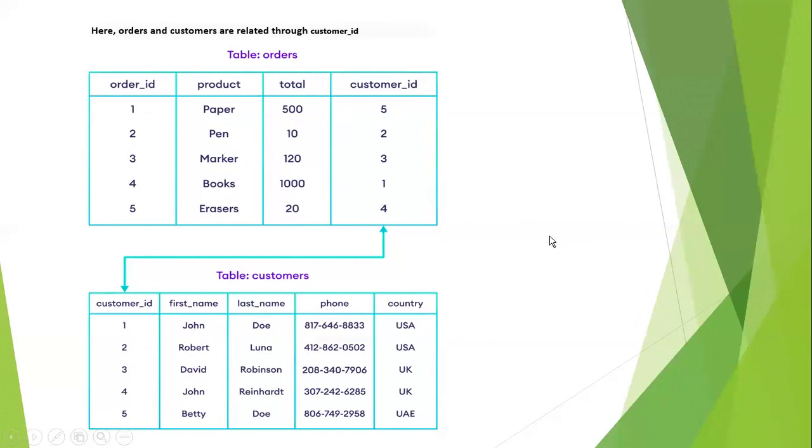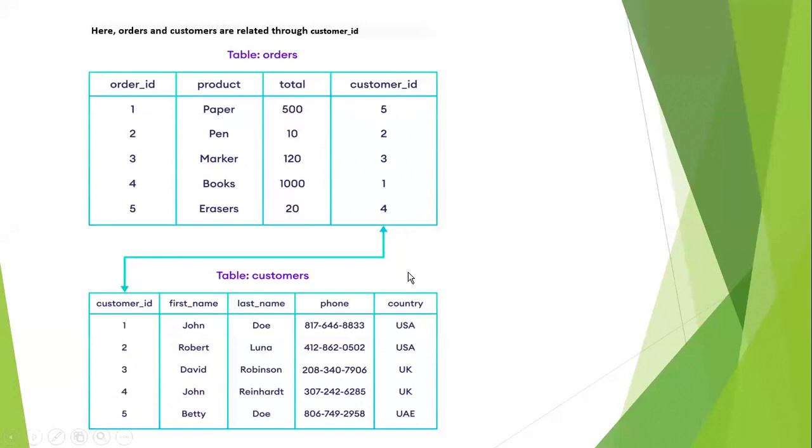So this is the RDBMS system, where we have a relation between two tables. We keep all the information in different tables, but we relate them, because if you keep everything in one table, it will be a mess, like finding out the orders and all. That is not a structured way of storing data.